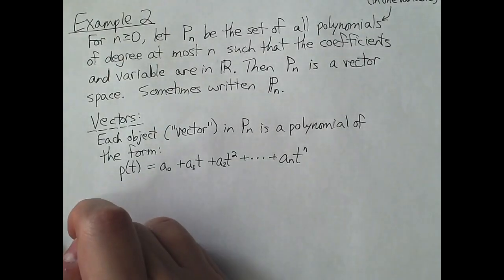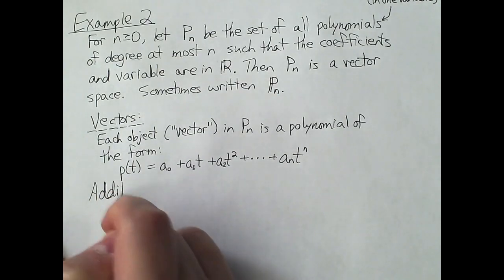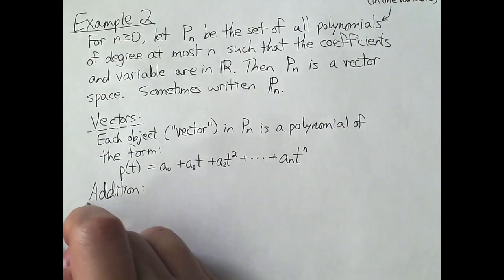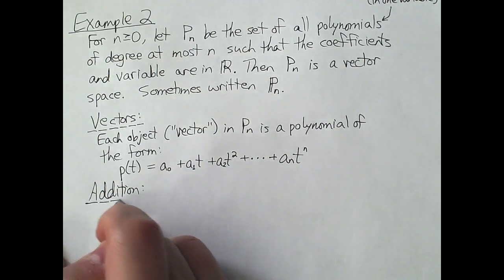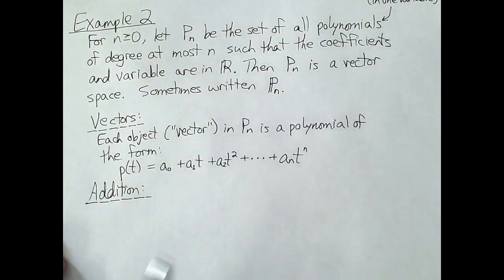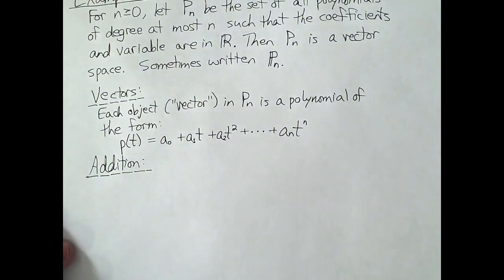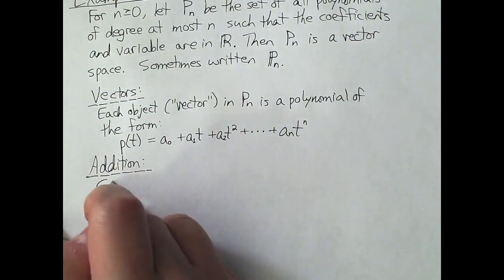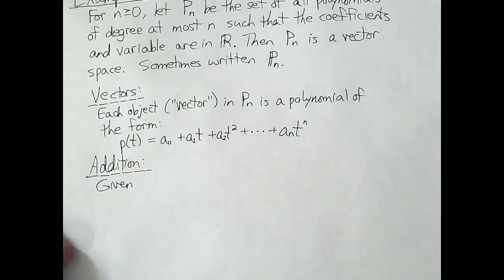Let's talk about how addition works in this vector space. Really, I probably could have talked about addition and scalar multiplication above when I first said this is a vector space, but we're just going to talk about it here. So if you're given two vectors, how do you add them together?